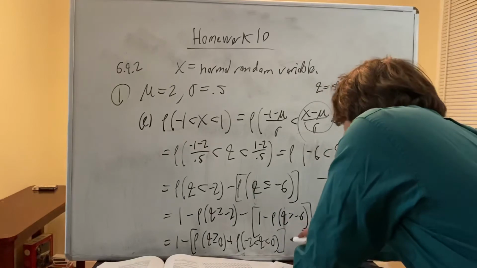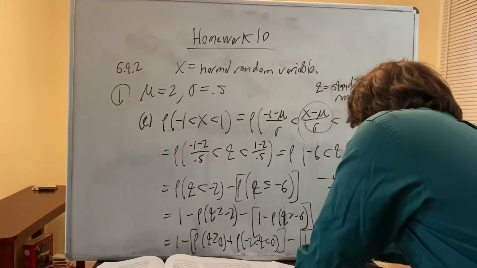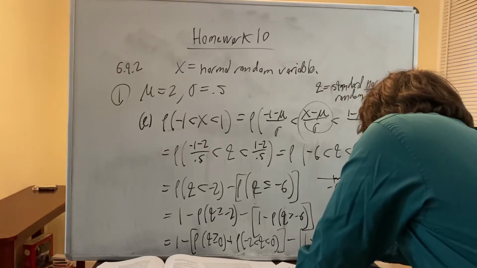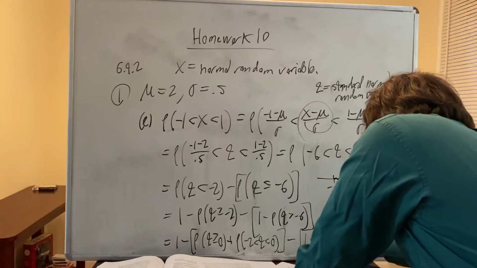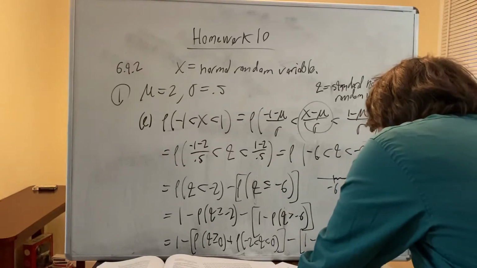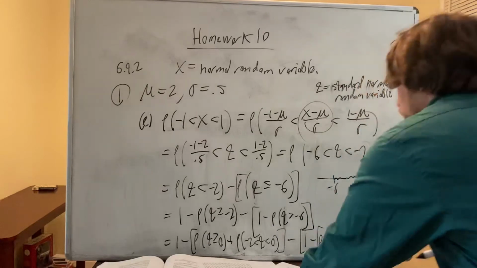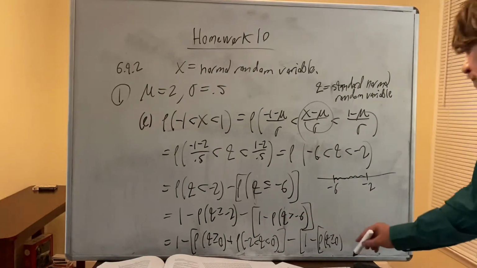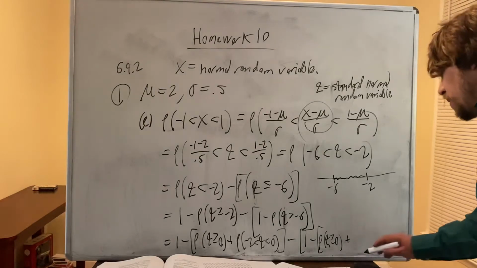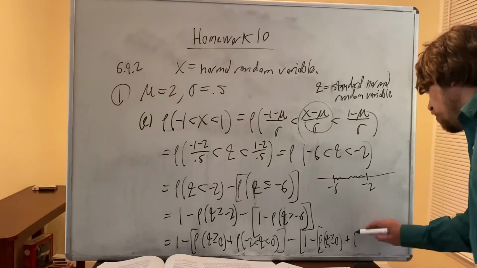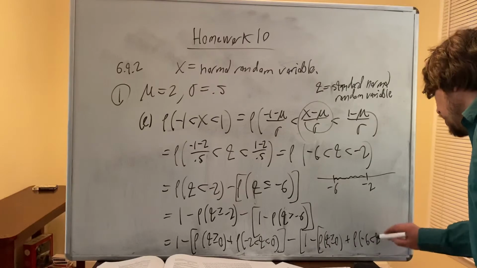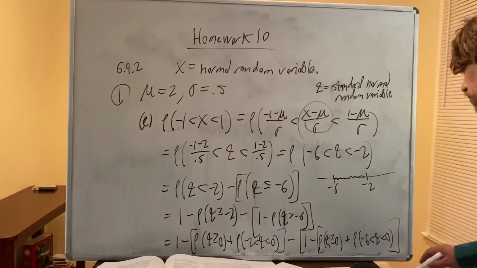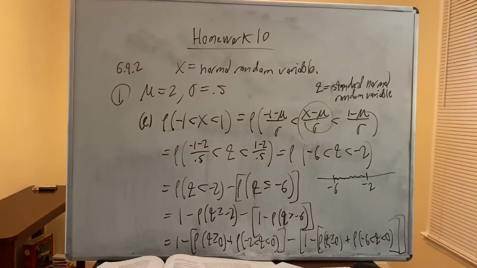Minus now 1 minus the probability that Z is greater or equal to 0 plus the probability that negative 6 is less than Z less than 0. I'm going to put a bunch of brackets here, so follow the brackets.